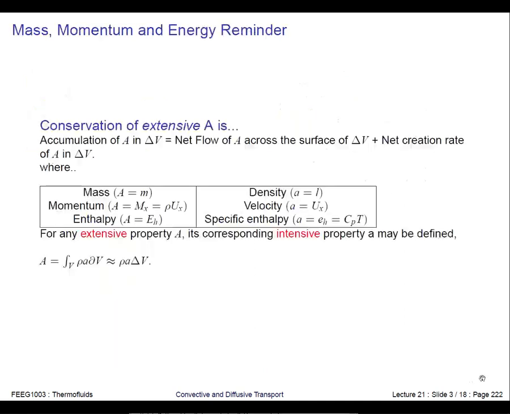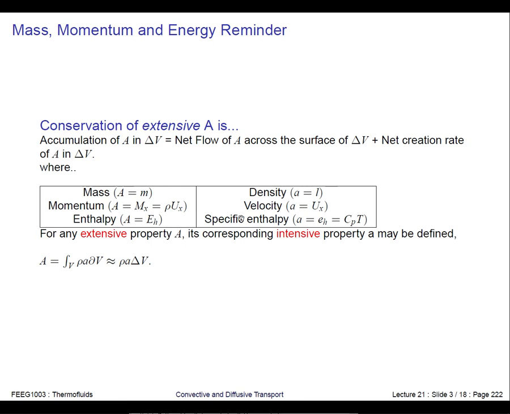Okay, so let's just try and work out how we define convective and diffusive flow of stuff. So by stuff, what we're interested in is our three master variables: mass, momentum, and energy. And typically we talk about an extensive variable which depends on the amount of stuff there is. So we've got a certain mass, a certain momentum, and a certain amount of energy.